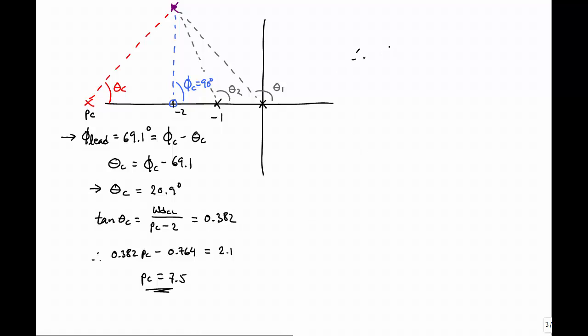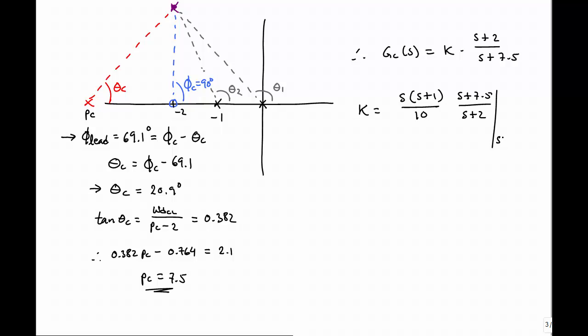So therefore, we have a compensator that is equal to K times s plus 2 over s plus 7.5. And we need to find K again. K is now going to be equal to, remember the magnitude condition, s times s plus 1 all over 10 times s plus 7.5 over s plus 2, all of this evaluated at s equal to minus 2 plus j 2.1.